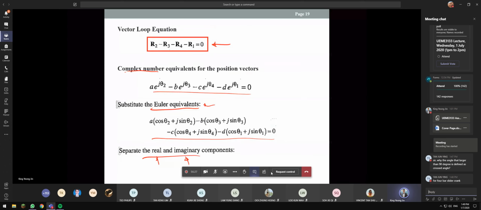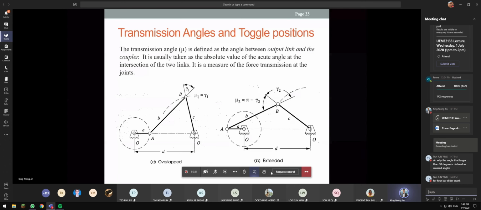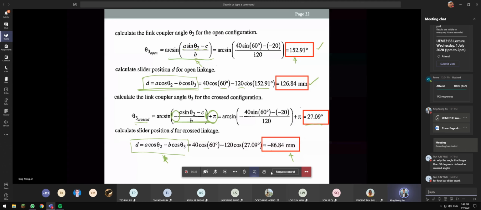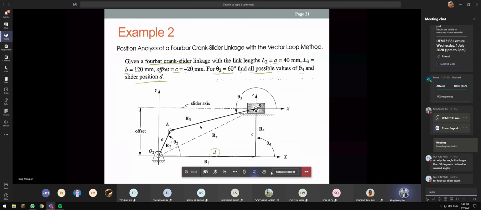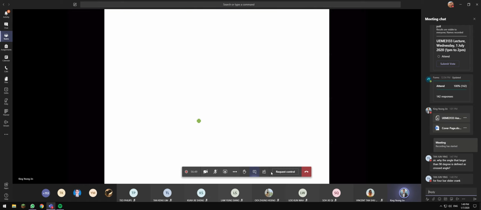My slide has disappeared. What we have just now is on the opposite side. So if you look at this, you can see the offset is negative 20. What happened here is, if I sketch it, I have 60 degrees of link 2.